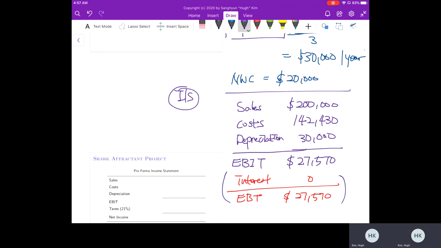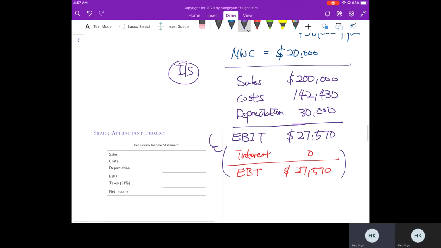Assuming the tax rate of 21%, you'll have to pay $5,790 in taxes.